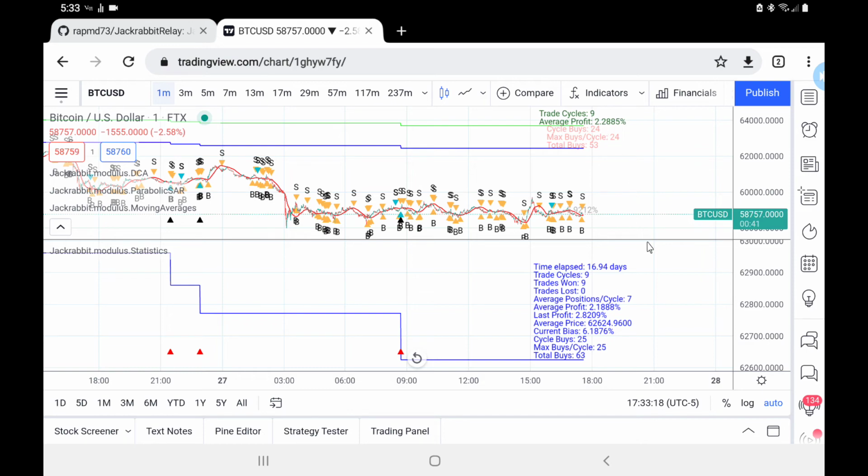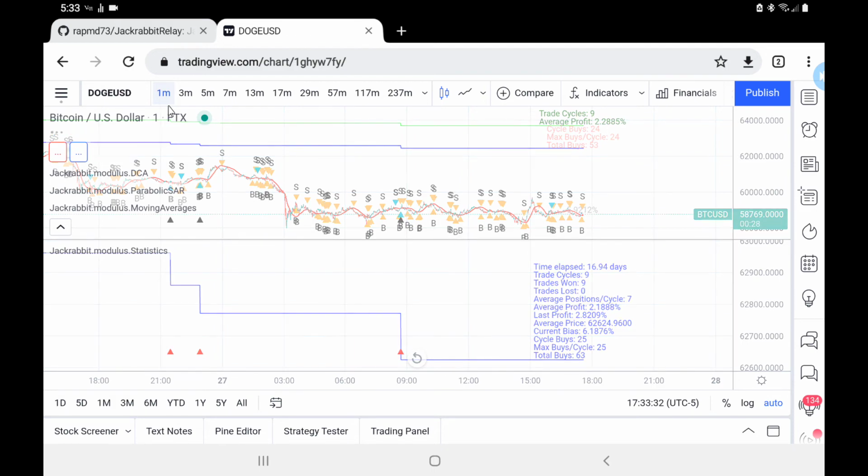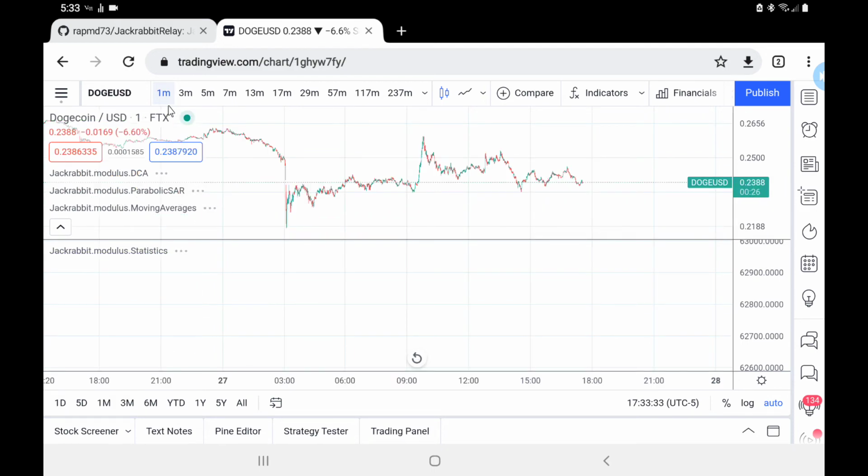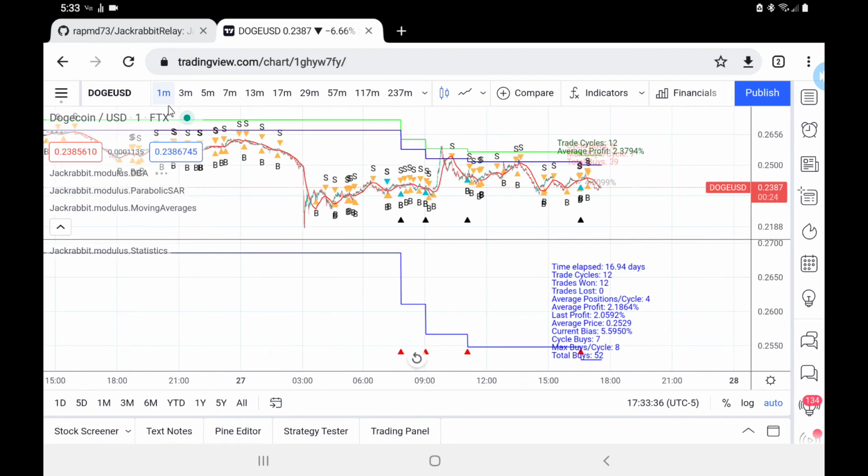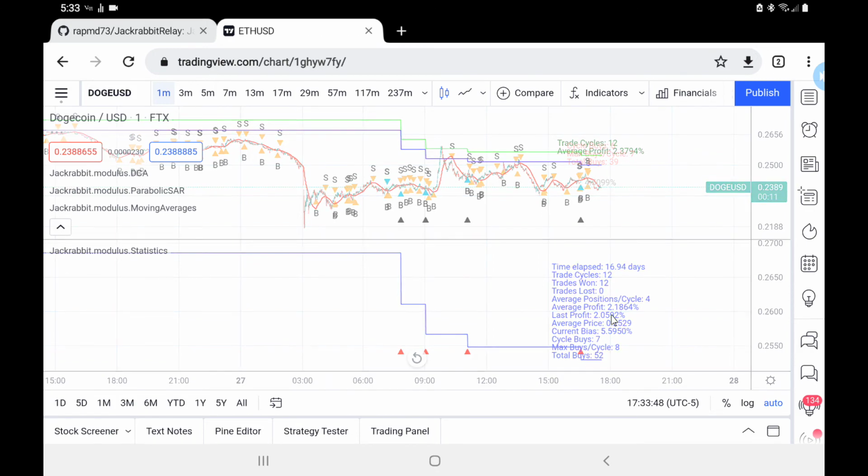Of course, you could take 18% times 7 as a rough estimate of your profits for the whole time frame if you want. Another coin that has a difficult history, but still does reasonably well with this recipe.